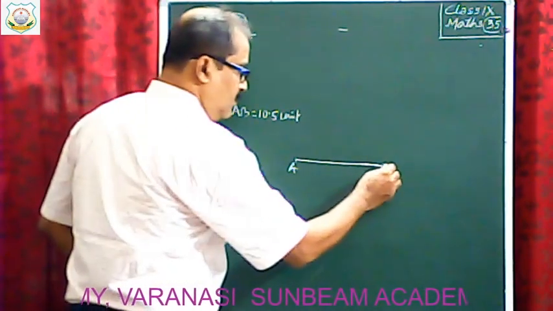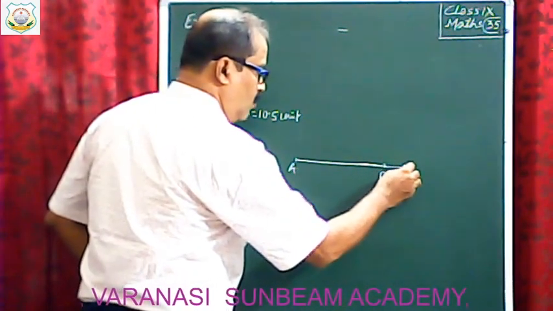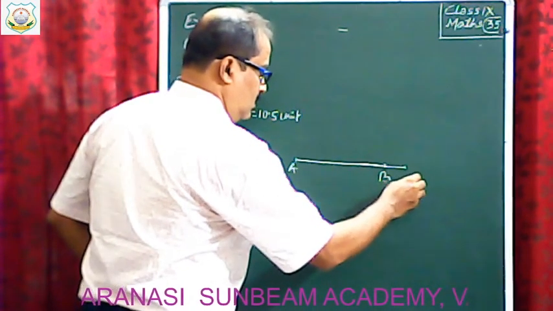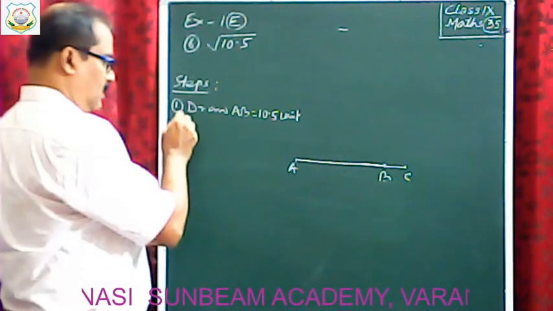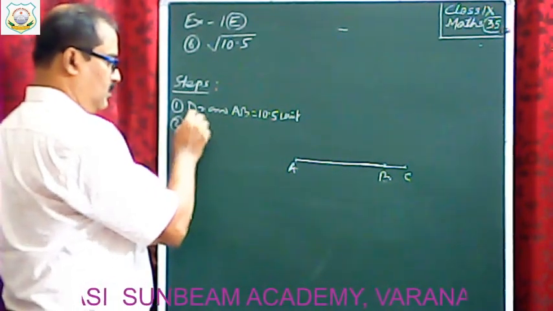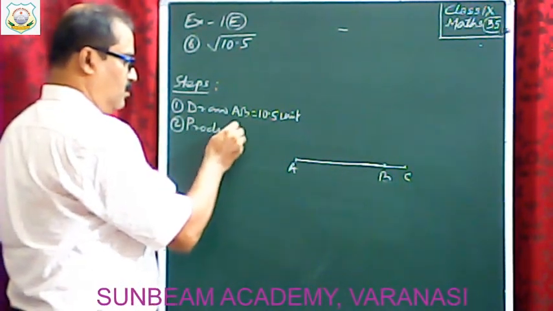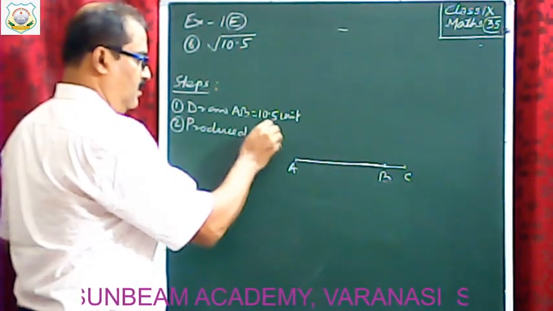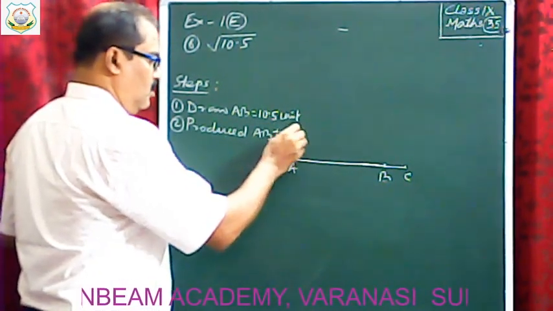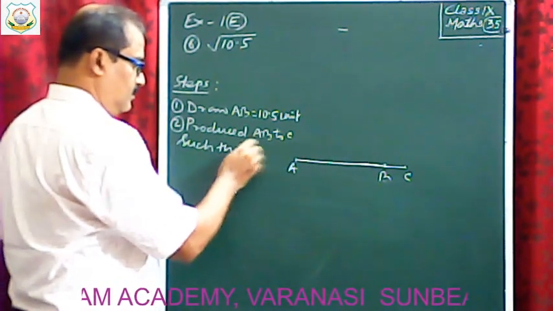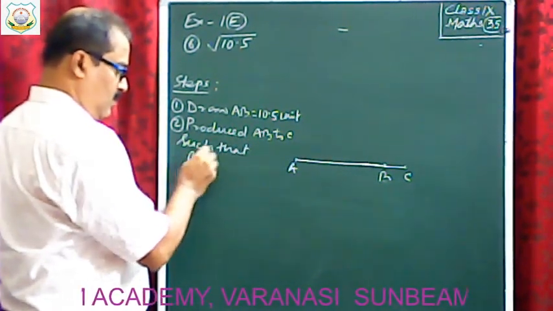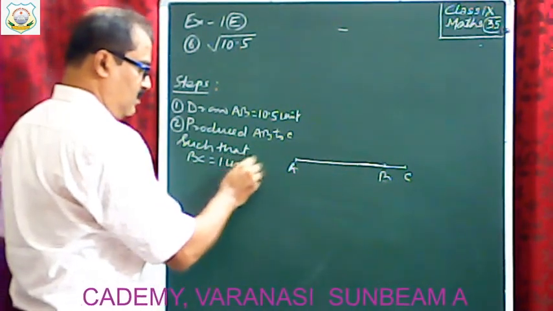Step 2: Produce AB to C such that BC equal to 1 unit.